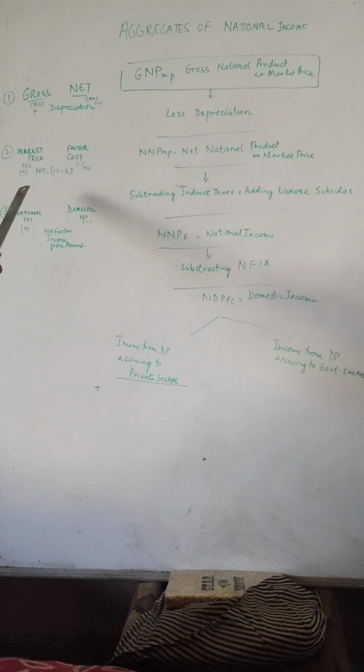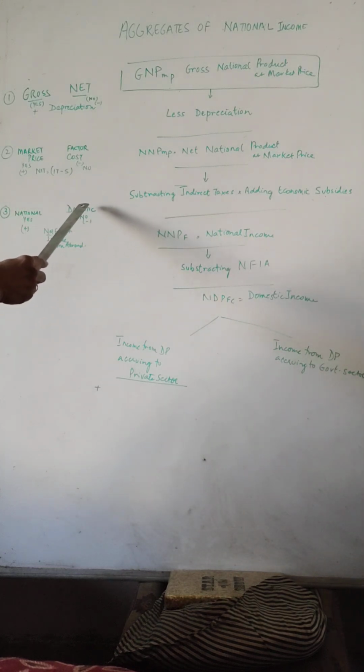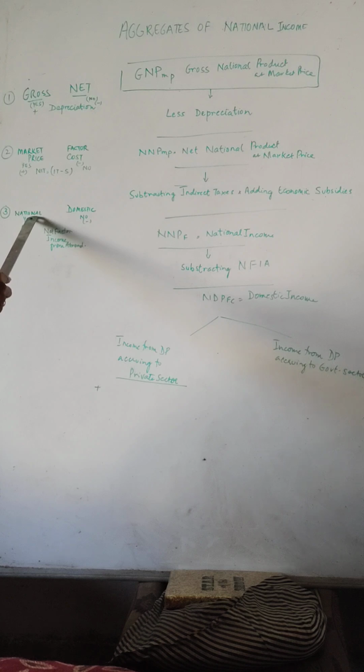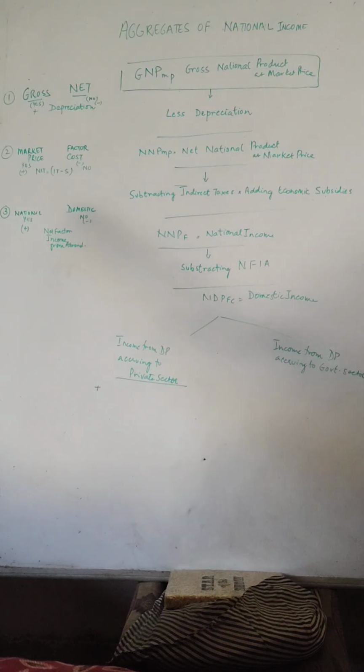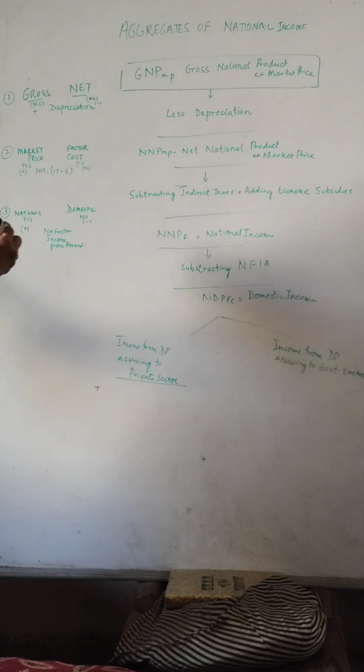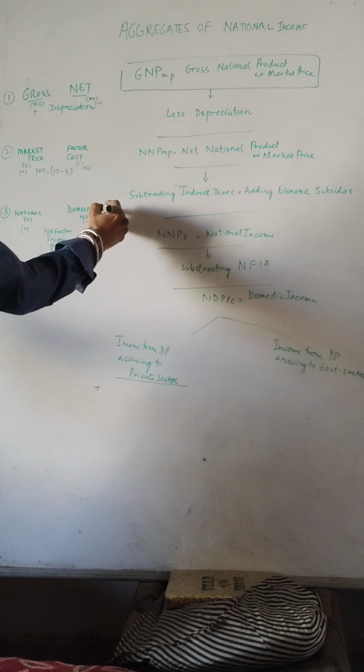You should know these terms: national income, domestic income, or national product, domestic product. Get it round your tongue: national product and domestic product, and net factor income from abroad.